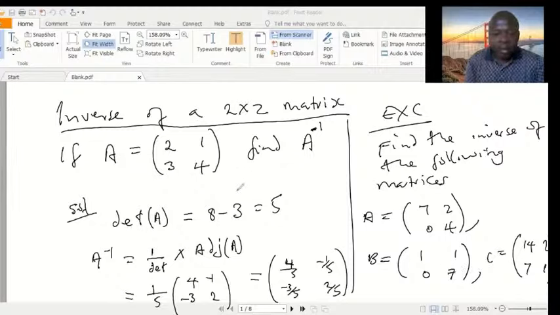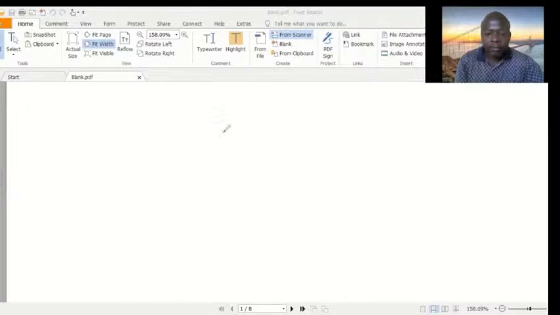So that is how we find the inverse of a 2 by 2 matrix, and I've also shown you how to find the determinant of a 2 by 2 matrix. Now, I want to show you something about transpose.